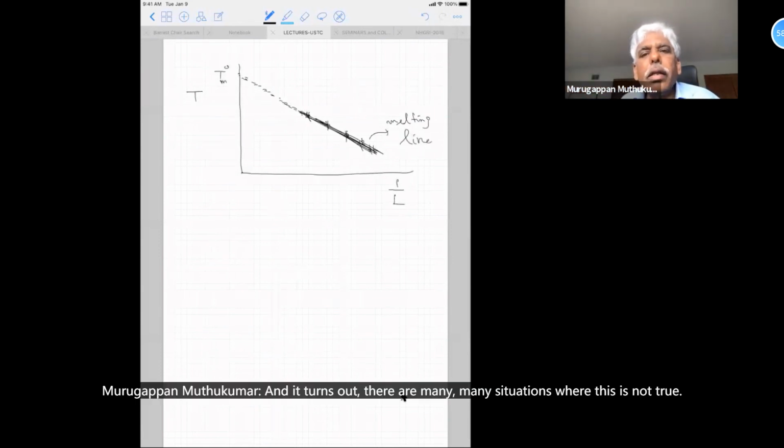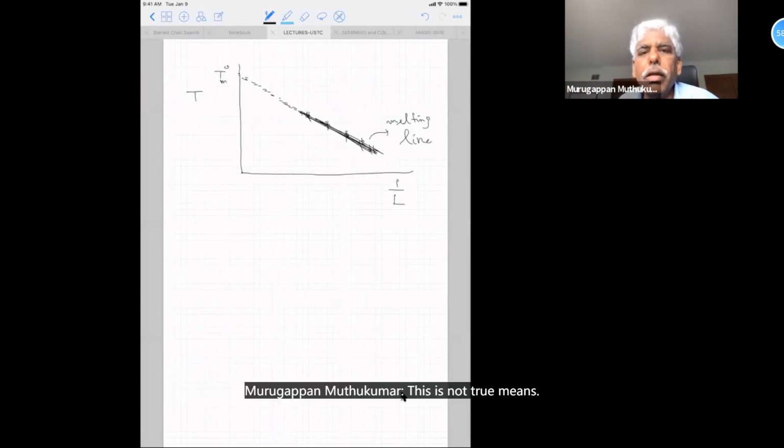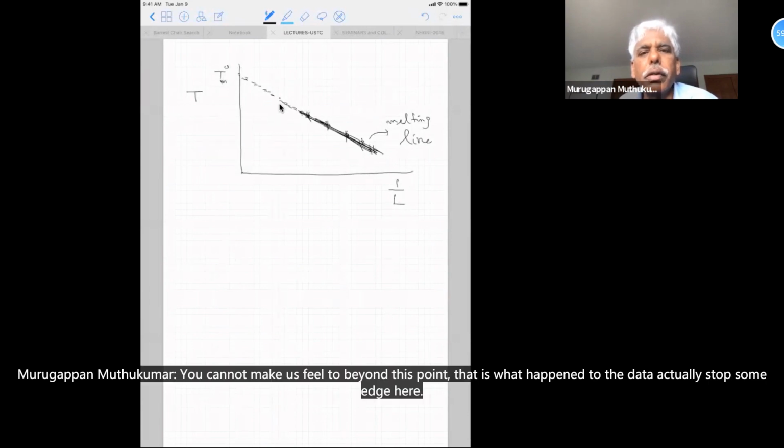And it turns out there are many situations where this is not true. This is not true means you cannot make crystals beyond this point. What happens is the data actually stops somewhere here.